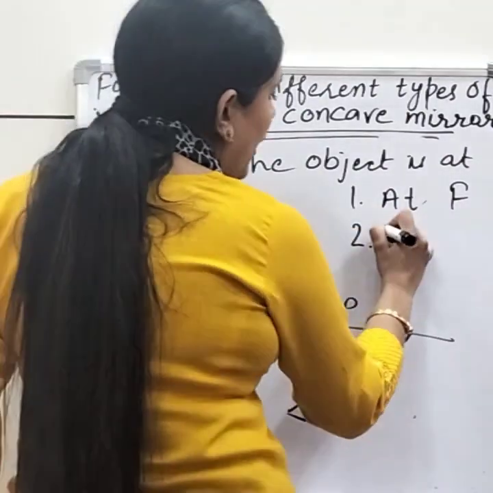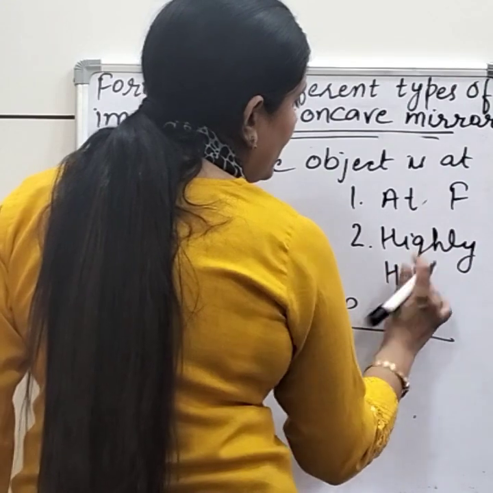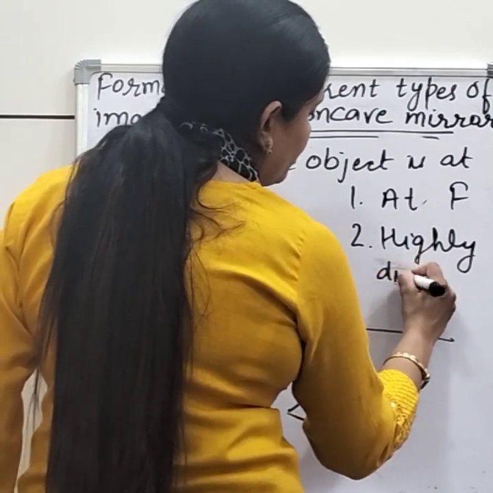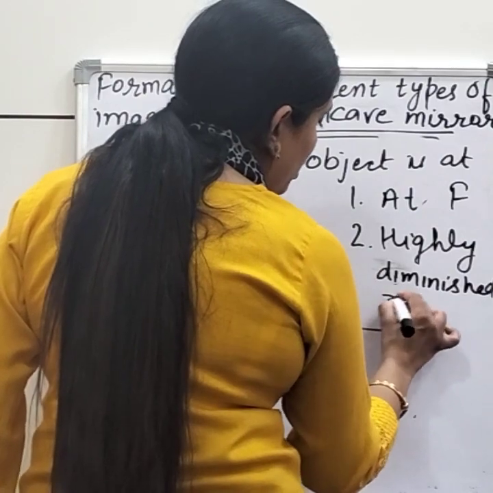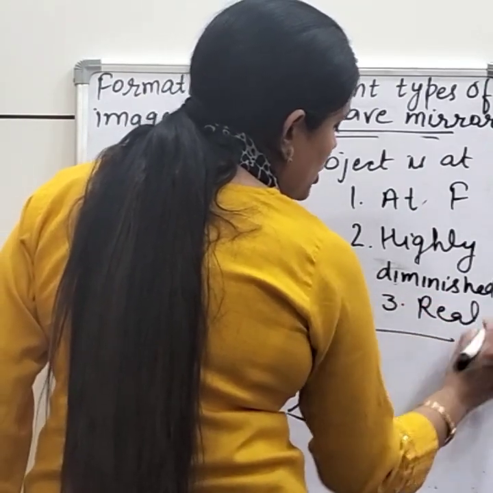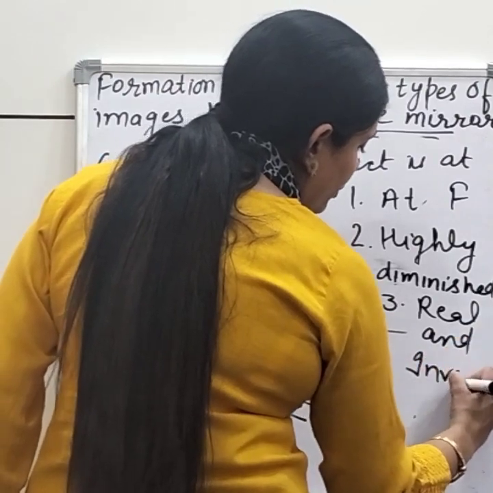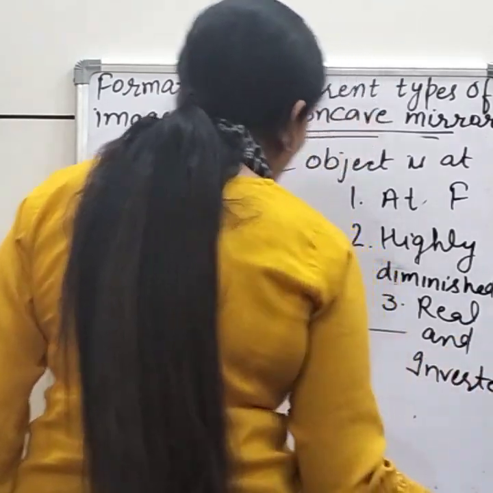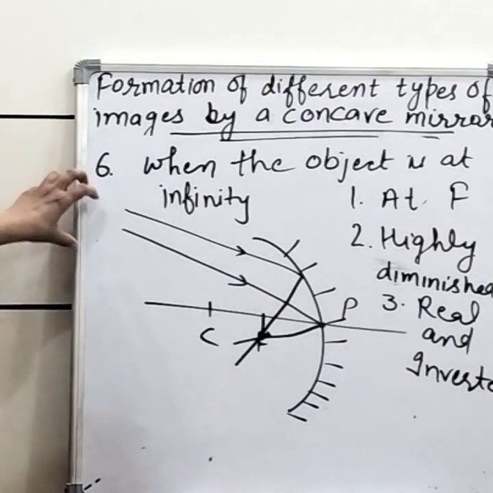Second, highly diminished, very small, highly diminished. And third, real, because the rays actually meet, so real and inverted. So when the object is placed at infinity, the rays from infinity are parallel to each other.